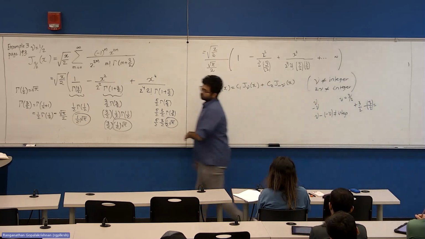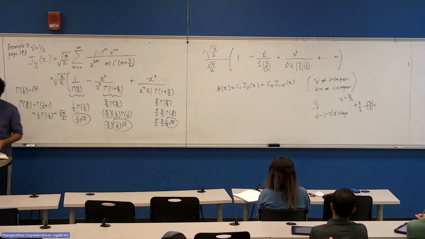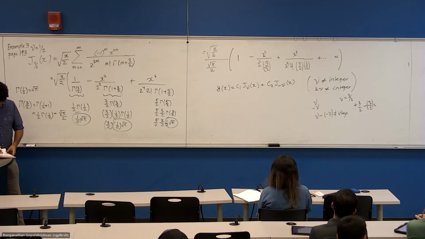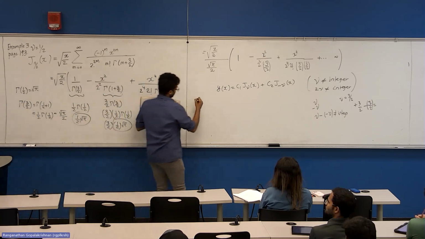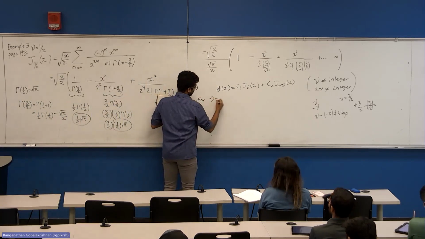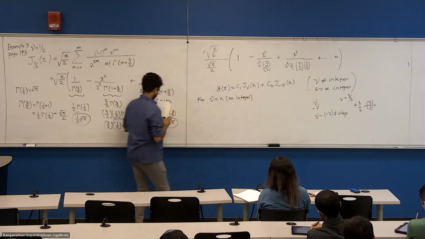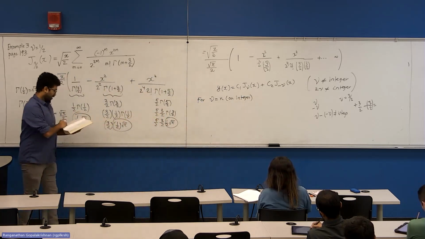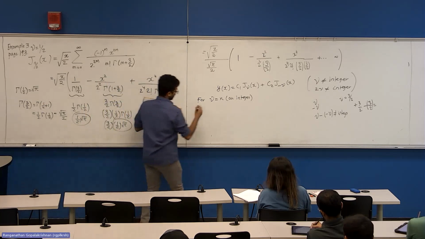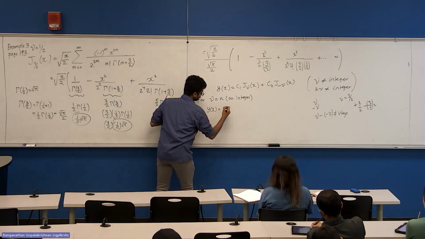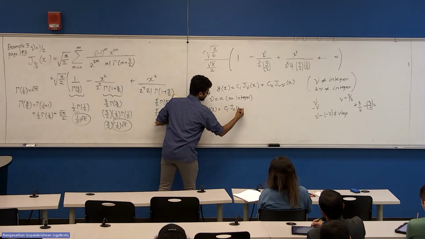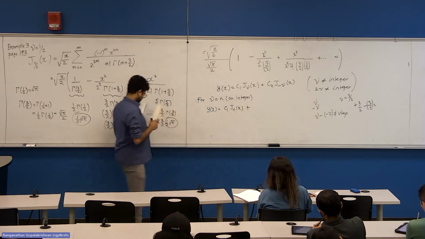Now, what about constructing solutions when nu is an integer? So I'll briefly touch upon section 5.5. For nu equal to n, an integer, you would still write y of x equal to C1 Jn of x. That part of the basis function is still the same.